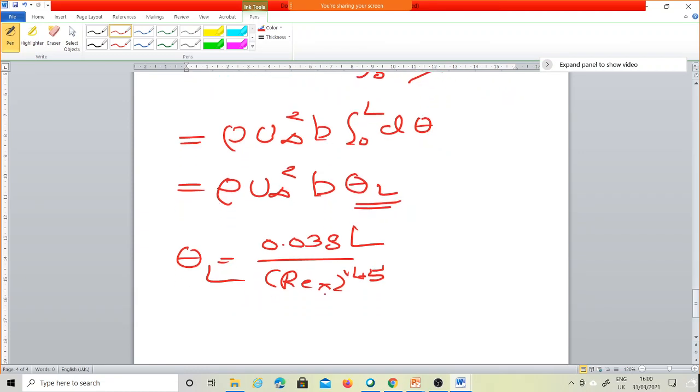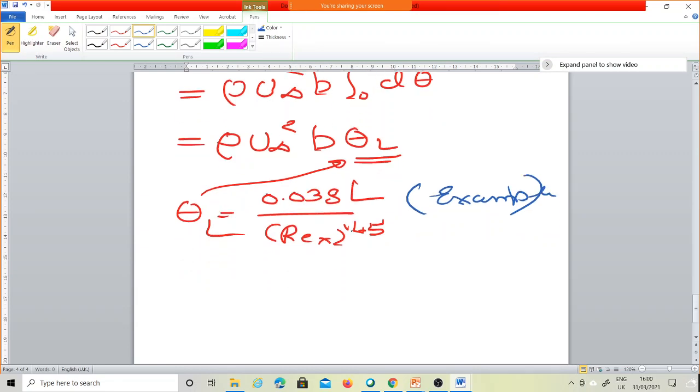If you put L here, just put the value and simplify it, then you will get the result. That's easy, just shuffle it and you will get the result. Most of the time we need to express the result in terms of local Reynolds number. This 1 over 5 is just an example, don't be confused, okay? If your theta is like this, then you can put the values and you will get this.